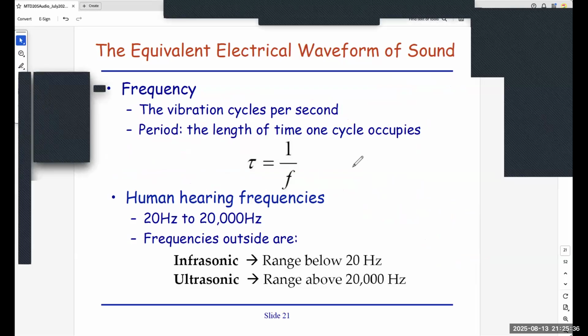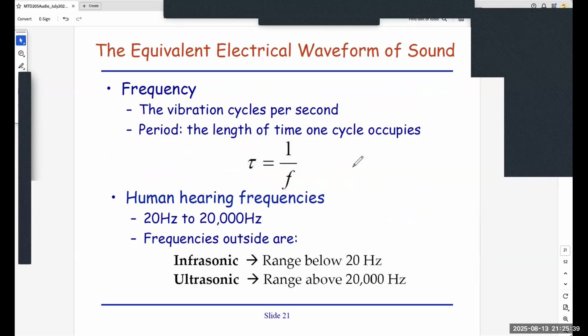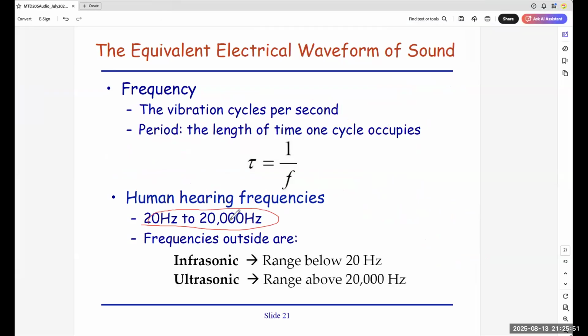Yeah. So of course, back to here, let's quickly talk about what kind of frequency humans can hear. For example, humans can only hear 20 hertz to 20,000 hertz, which means that within 1 second, you can hear signals that have 20 cycles, up to 20 kilohertz. 20K means 20 kilohertz.